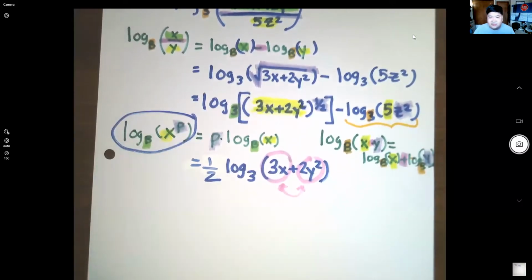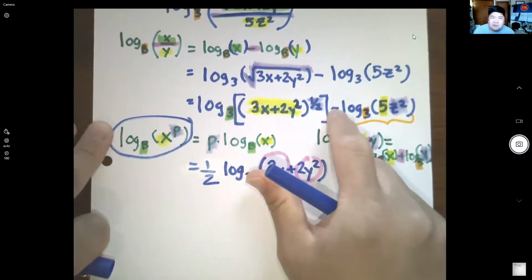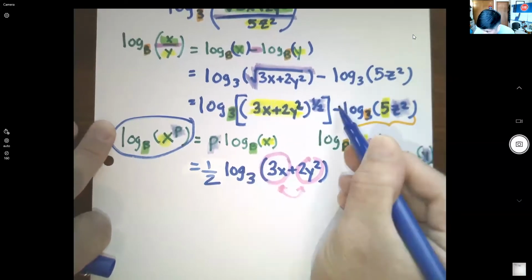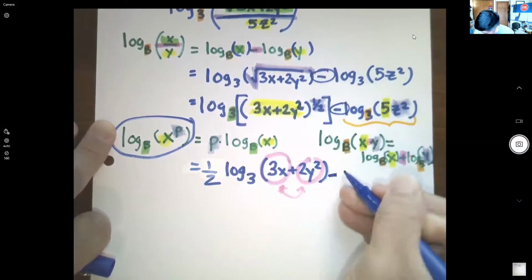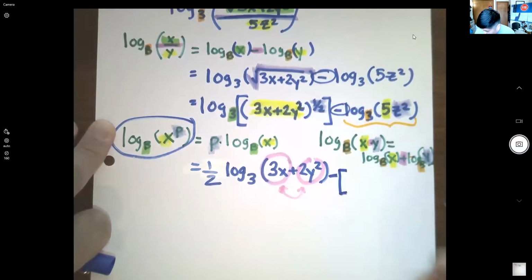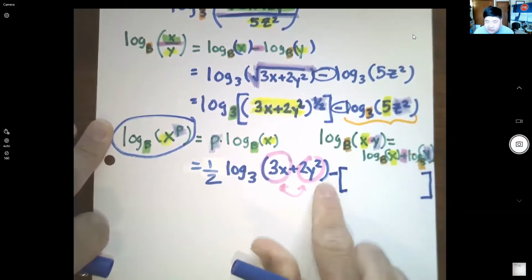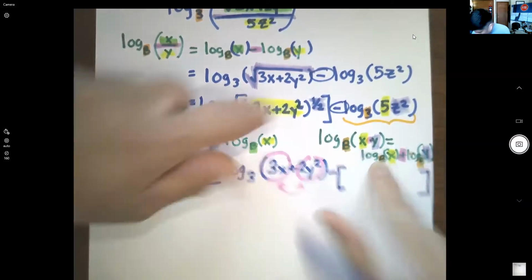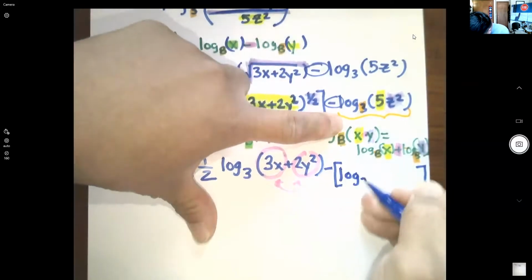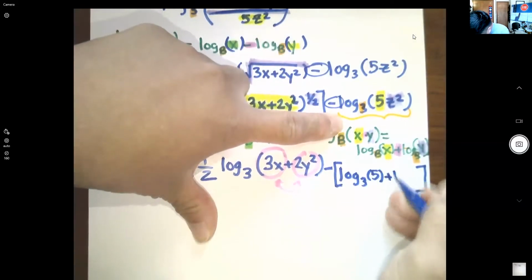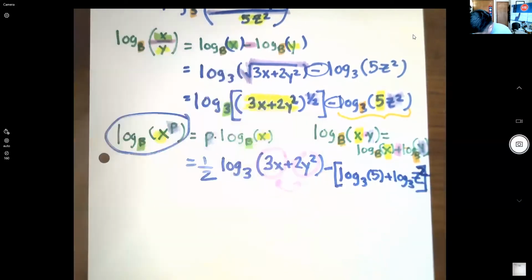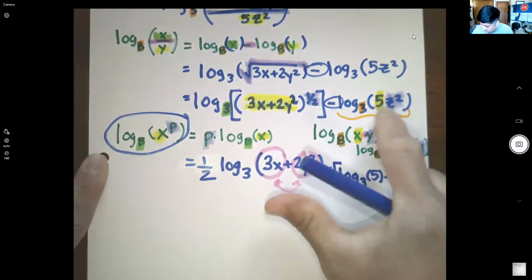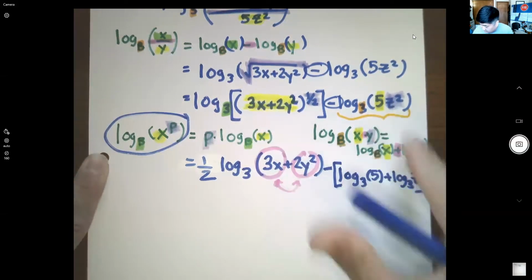Now when you do this, be very, very careful, because you have this minus here. So don't forget that this minus is right here. So I have minus, but I want to put all of what I am going to expand here in parentheses so I don't forget to distribute this minus sign. So I have log base 3 of 5 plus log base 3 of z to the second power. All right, so that was the x in this case, and that was the y in this case.